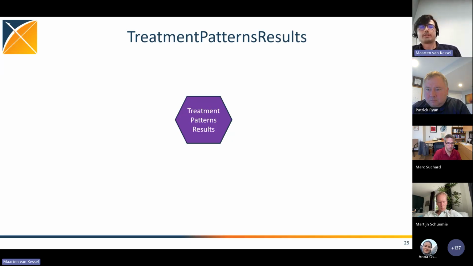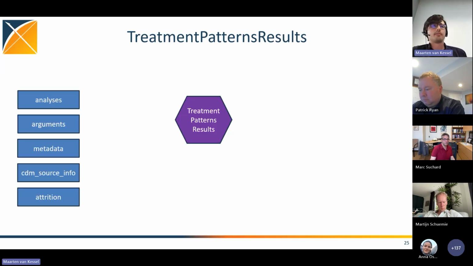So from this result object, we have some files or tables, I guess, that specify some metadata about the analysis. So arguments, some metadata, some CDM source info on what the CDM was where the analysis ran, an attrition of people that got filtered out.